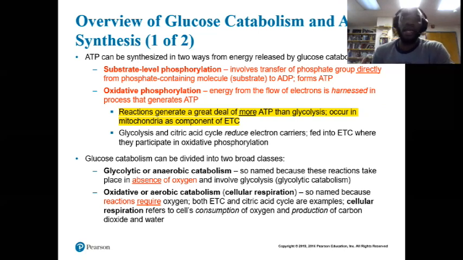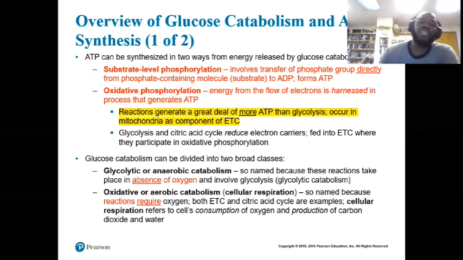So the oxidative phosphorylation reactions generate a great deal more ATP than glycolysis, which is just the breaking apart of the glucose, and occur in the mitochondria as part of the electron transport chain. As we talked about before, the glycolysis and the citric acid cycle add electrons, reduce electron carriers, which feed into the electron transport chain.